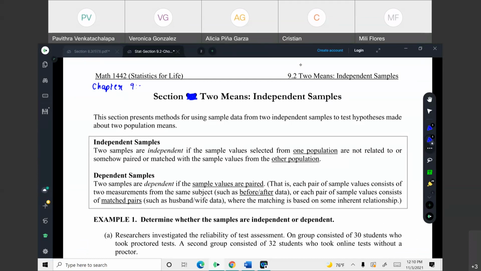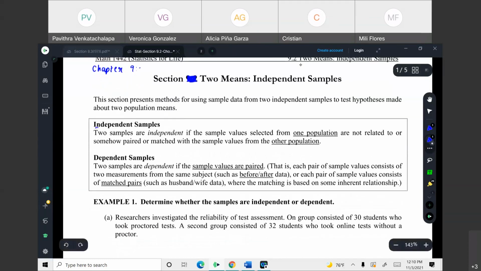Okay? So, I'll just recall what is independent and dependent sample. Now, when it comes to independent sample, you say two samples are independent when their sample size is different. Okay, when sample size is different, very simple. You will have two proportions or two population given.